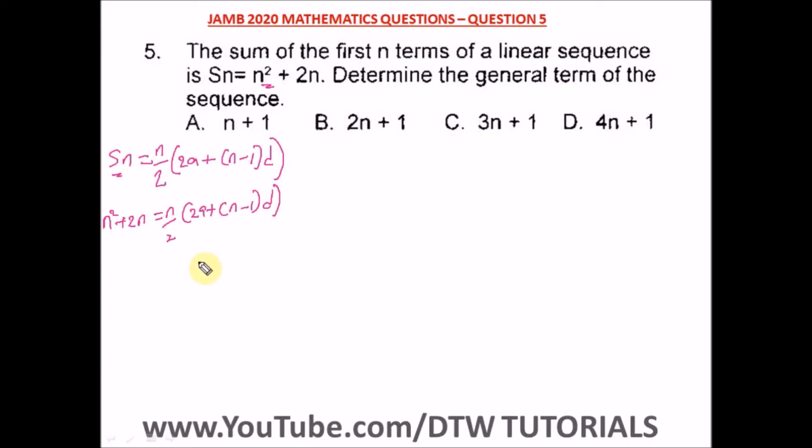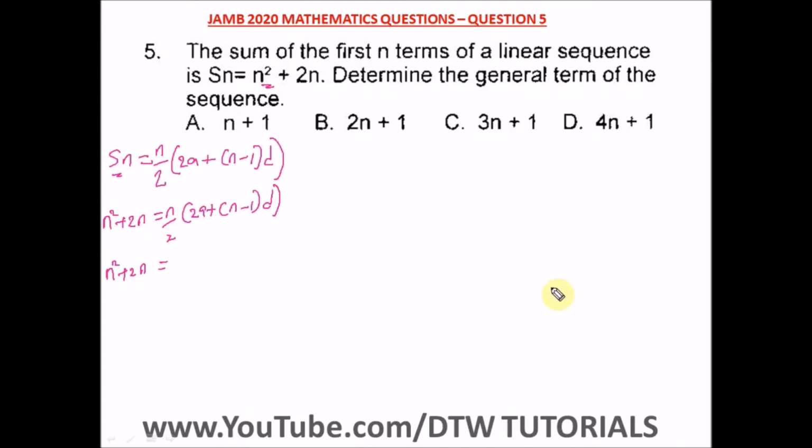So let us solve for the right hand side first, but we can bring down the left hand side. N squared plus 2n equals, so we want to open the bracket, so this 2 we cancel this 2. Why don't we go for a different approach?